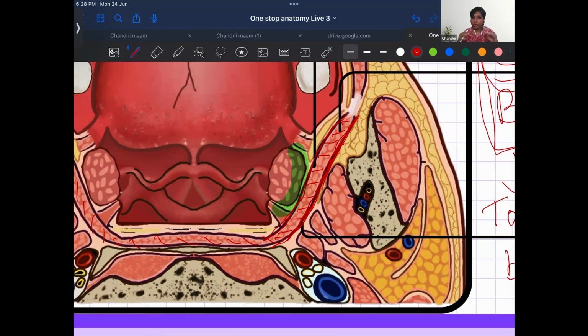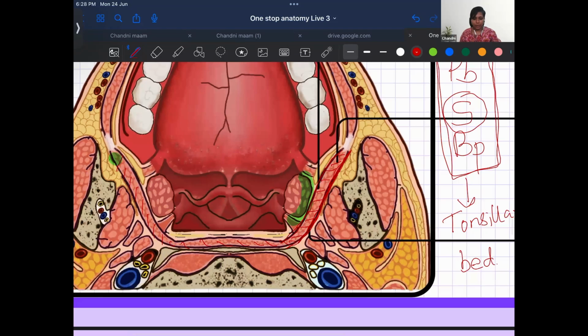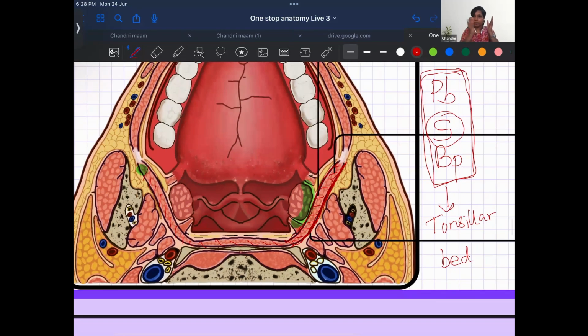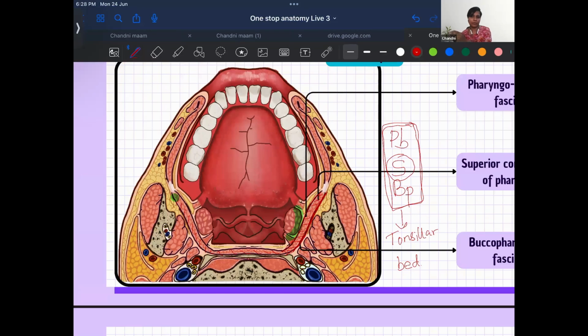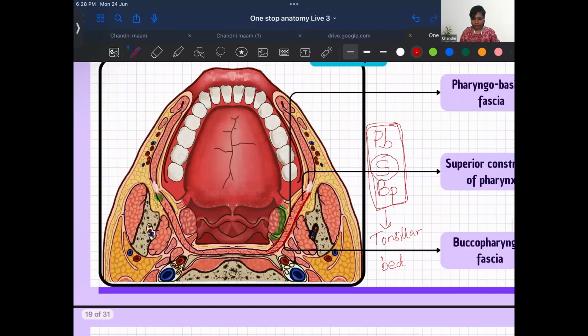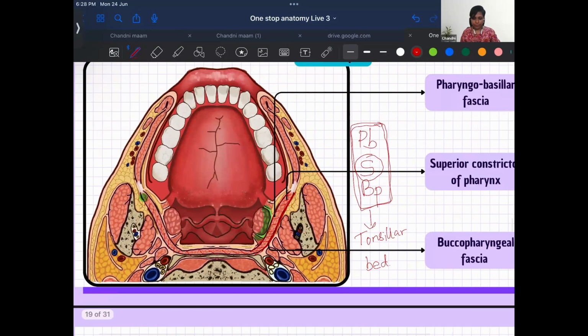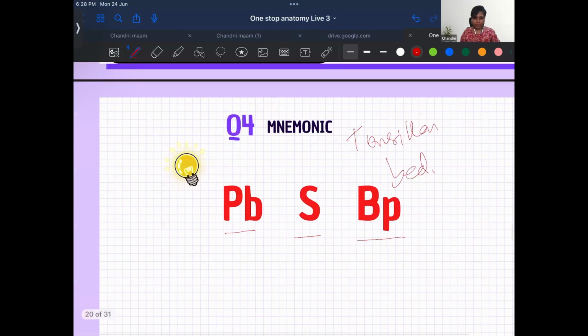And that's how they reach the tonsils to supply it. So, did you understand a few points about the medial surface and a few points about the lateral surface? If you note these down, then you're done. You'll get the marks you need.